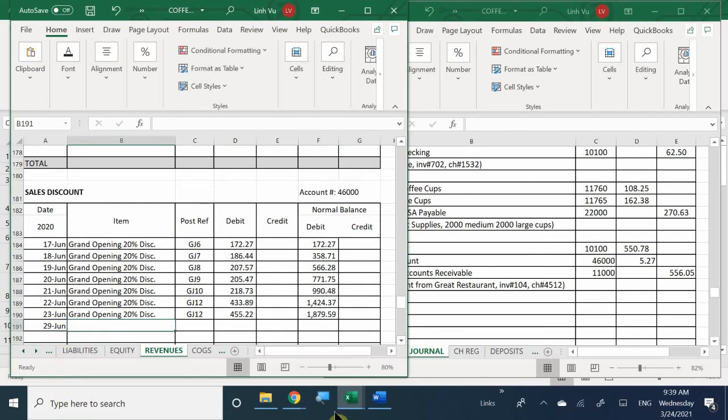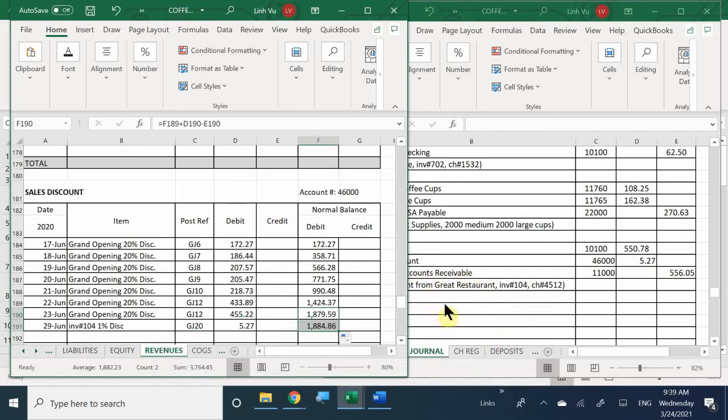This is off of invoice number 104 for the 1% discount. And it was for the amount of $5.27. So therefore, what is my ending balance in my sales discount account? 1884.86. Perfect.